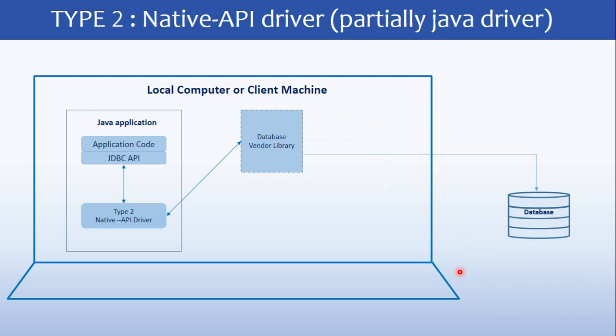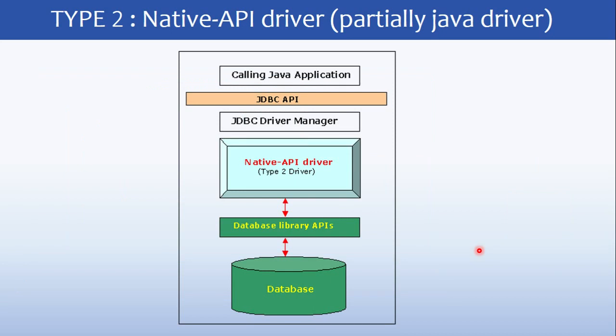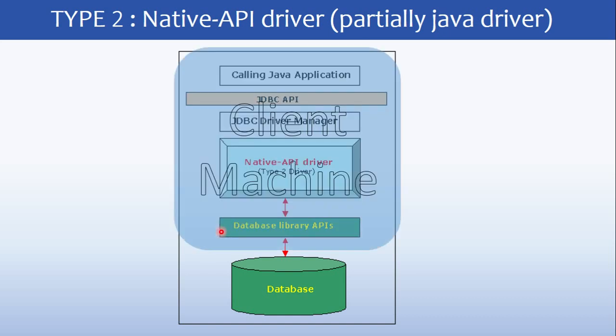Then we'll try to see this block diagram of type 2 native API driver. All these components, from the calling Java application to your JDBC API to the native API driver, that is the type 2 driver, and even the database libraries API, should be on your client machine. It's not that you can keep one of these components on a remote machine or other machine.